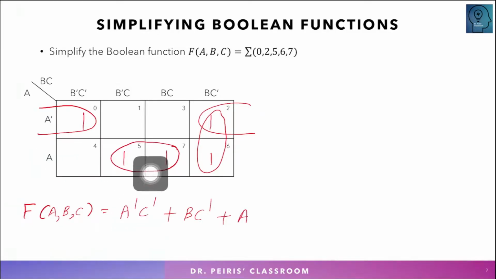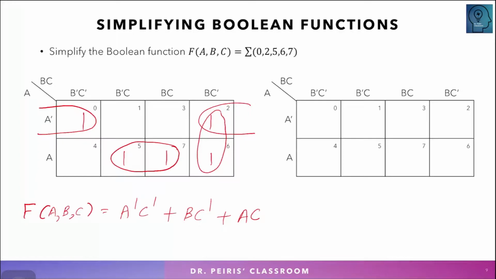For the two columns, C is common. AC. You have to make sure of one more thing when you do grouping: reduce the number of groups as much as possible.